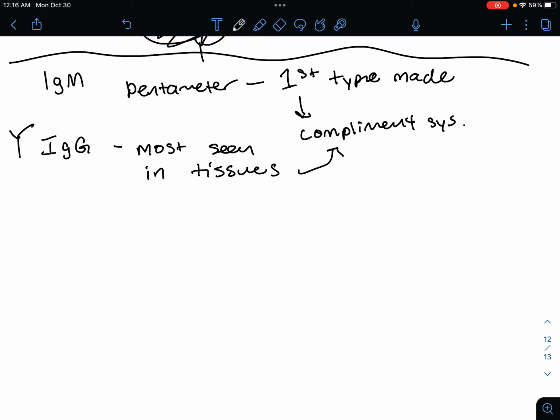We also have the dimer IgA, and this is going to again be found in the saliva, tears, and mucus. It's weird, this one is also the most abundant class produced.